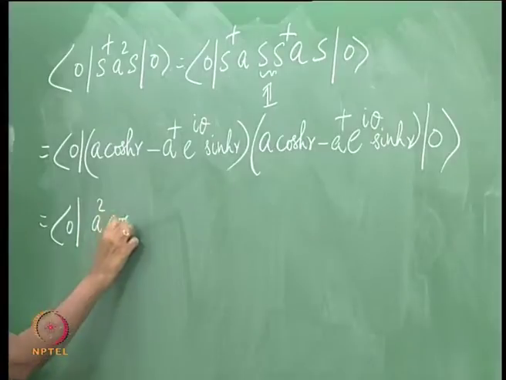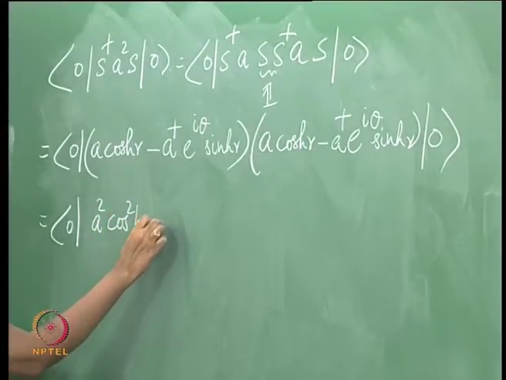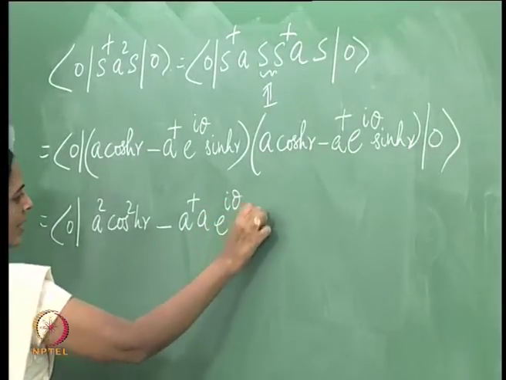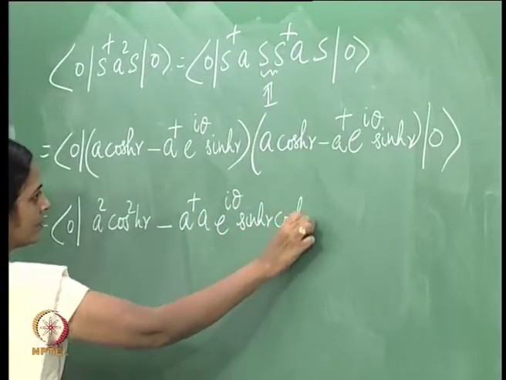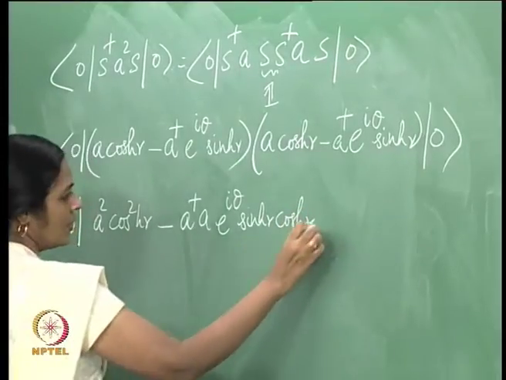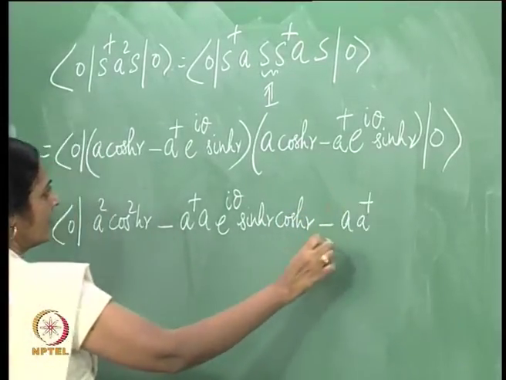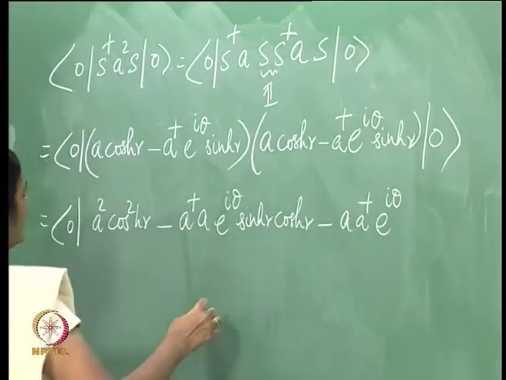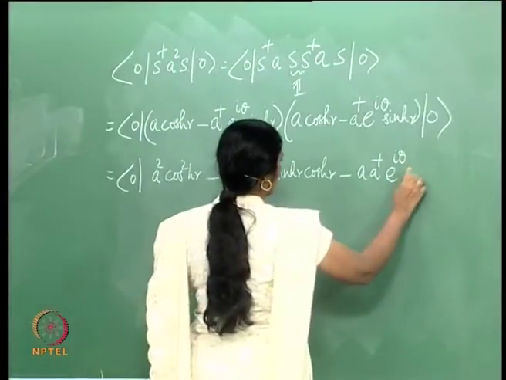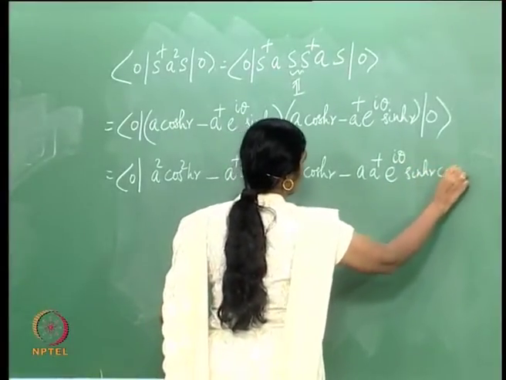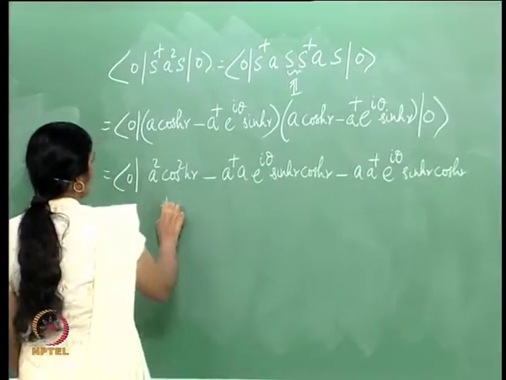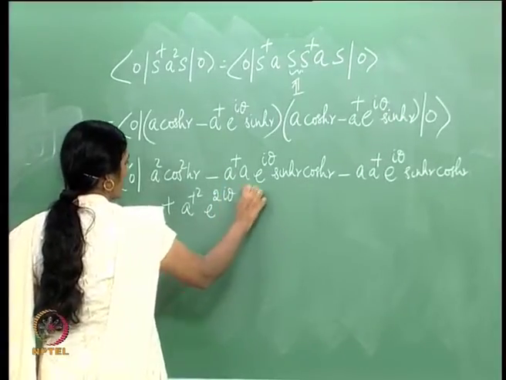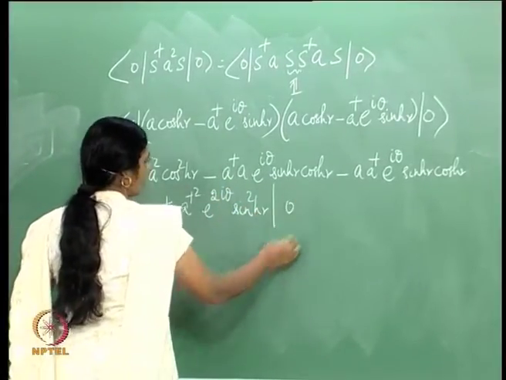The first term is a squared cosh squared r minus a dagger a e to the i theta sinh r cosh r, minus a a dagger e to the i theta sinh r cosh r, and then the last term is plus a dagger squared e to the 2 i theta sinh squared r.